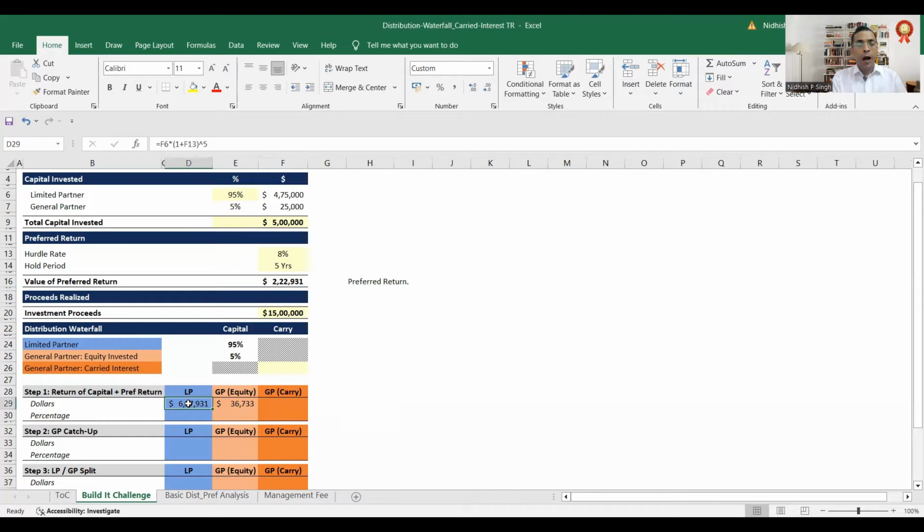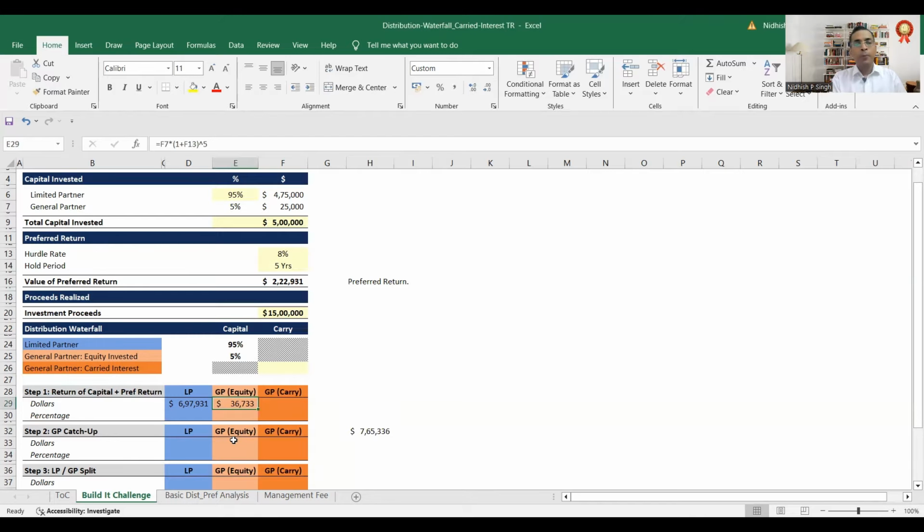So after we return the return of capital and preferred return, we need to calculate what is the balance amount as well. 15 minus sum of... so 765K is left after return of capital and preferred return is done.